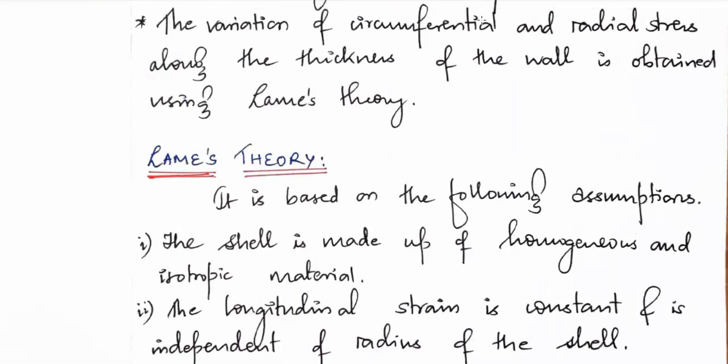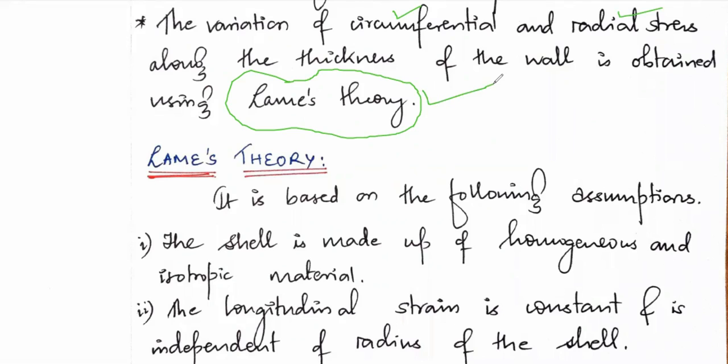The variation of circumferential and radial stress along the thickness of the wall is obtained by Lame's theory. Right, so I told you there are two influential stresses in fixed cylinders: circumferential stress and radial stress. If you want to calculate both of these along the thickness of the wall, then it can be obtained using the theory called Lame's theory.